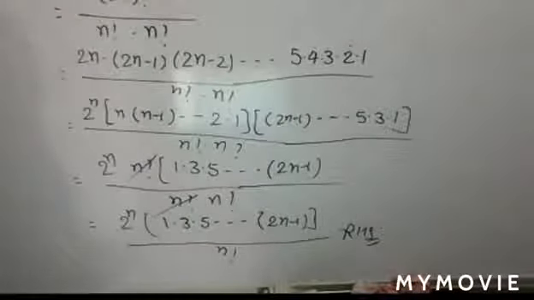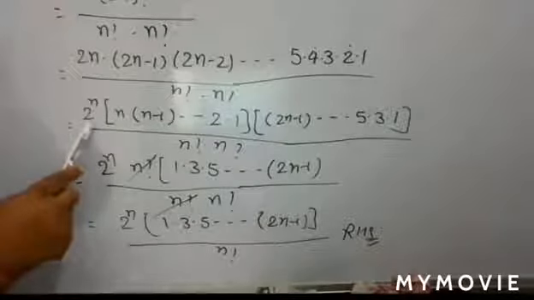If you take 2 common from one even term, you have 2; from 2 even terms, you have 2 squared; from 3 even terms, you have 2 cube. In the same way, if you take 2 common from n even terms, the product of the common terms is 2 to the power n.